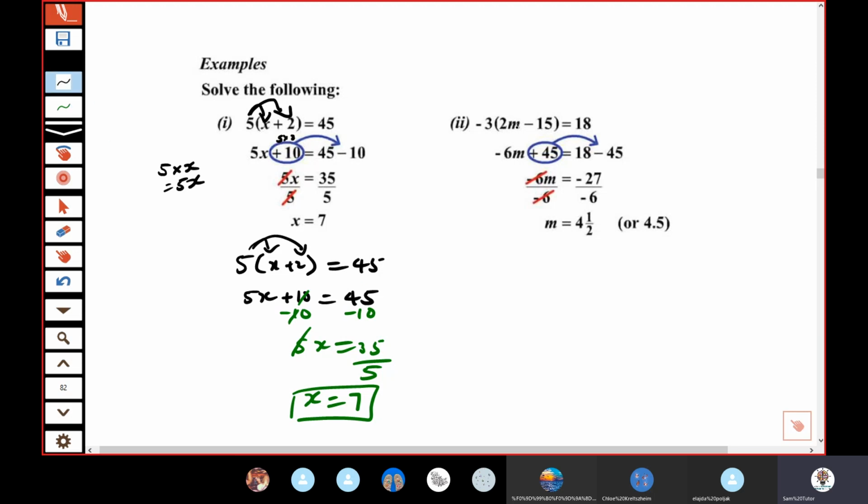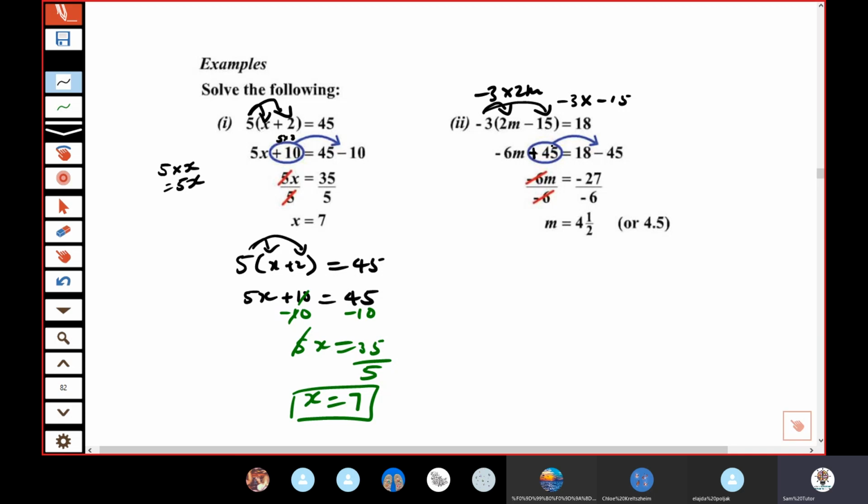Okay, let's do another one. Again, it'll be minus 3 times, so negative 3 times 2m. Negative 3 times 2m is negative 6m. Negative 3 times negative 15, so the next arrow. Negative and a negative makes a positive, and then 3 times 15 is 45, plus 18.